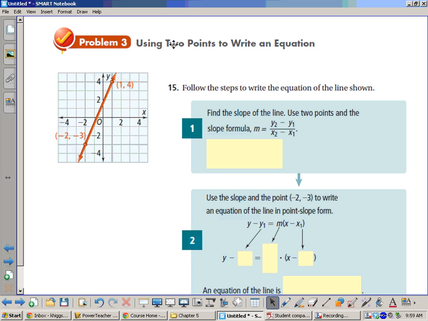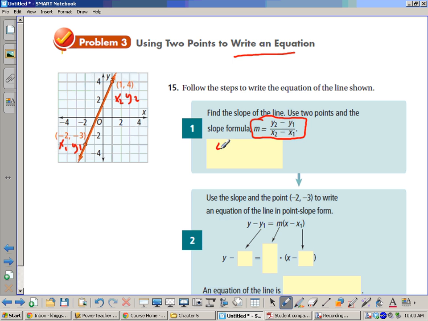The last thing we're going to do is write an equation being given 2 points. So we're going to write an equation. And the first thing that we should always do is find the slope. So we're going to find the slope by using our formula. So we have to identify our x1 and y1 and x2 and y2. So we'll let this be x1, y1, x2, y2.